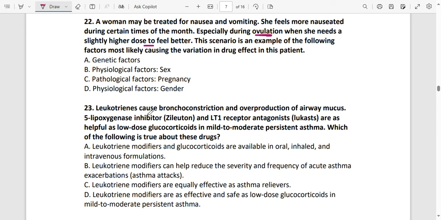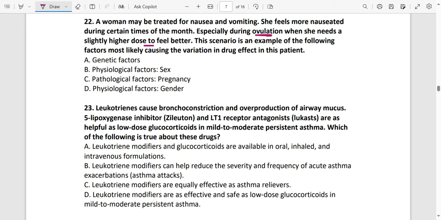Anyone that can help? Anyone? Which one are you going to pick? Which option? Why have you picked B?